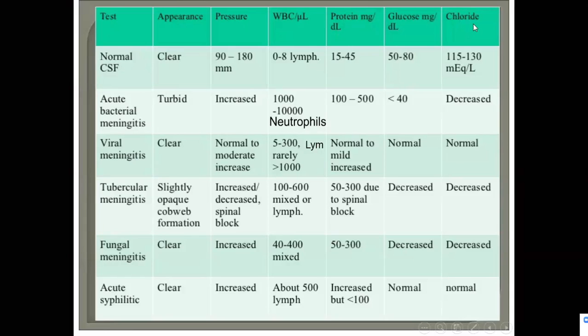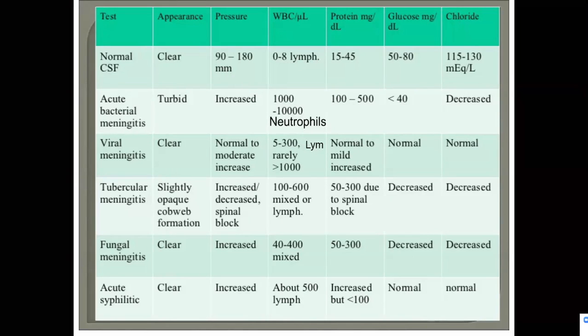So if we take the normal CSF, it's clear, very clear, transparent. The intracranial pressure in a normal individual is 90 to 180 millimeters. White blood cells, as lymphocytes, 0 to 8.